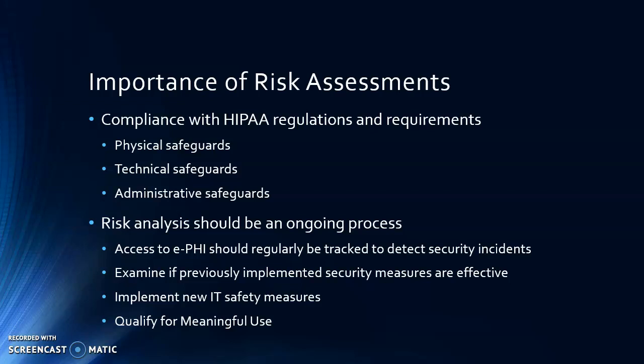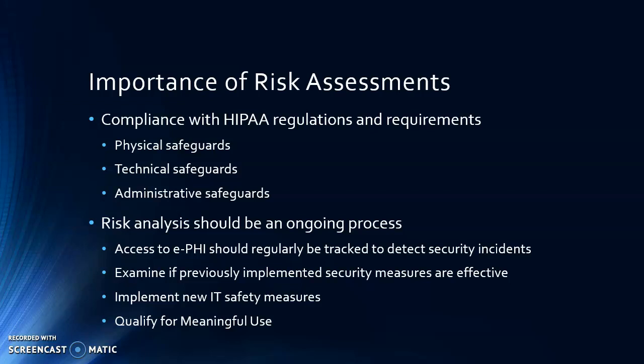For example, if someone is doing mainly a financial type of job for the company, there's no need for that person to have access to medical records. So the organization should make sure that certain employees do not have access to medical records.